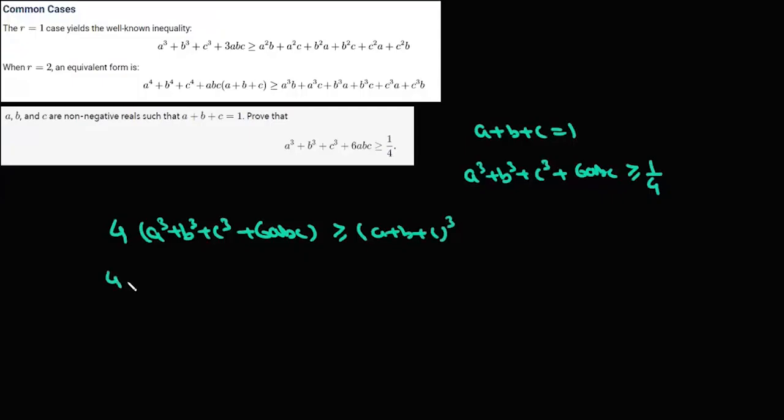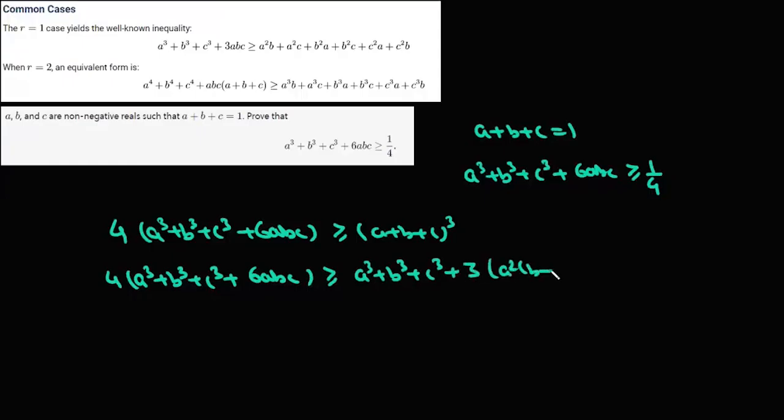Now this is 4 times (a cube plus b cube plus c cube plus 6abc), and it will be greater than or equal to a cube plus b cube plus c cube plus 3 times (a square (b plus c) plus b square (c plus a) plus c square (a plus b)).